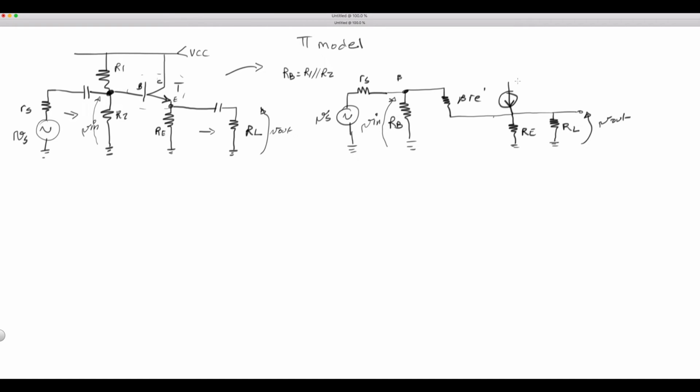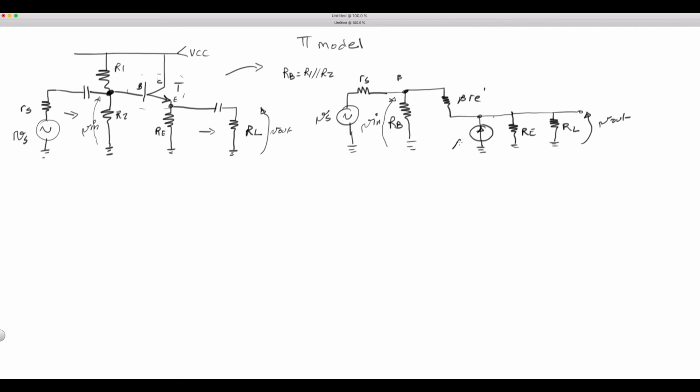Now, here's the pi model, but at the collector, as far as AC is concerned, that is ground. Can we draw it in a different way? Sure. So we can flip this around and put the current source this time this way to ground.